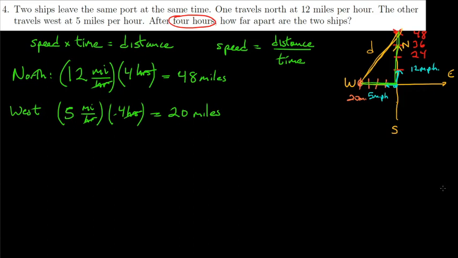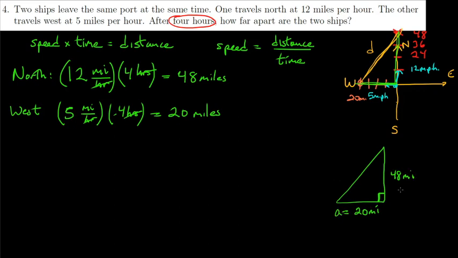So, you'll notice I drew a little triangle here, and that's what I was hoping you would think of, right? So just to remove the clutter here, here's that triangle again. And you can see that north and west are perpendicular directions, so this is a right triangle. This side is 20 miles, this side is 48 miles, and we're looking for the hypotenuse, right?